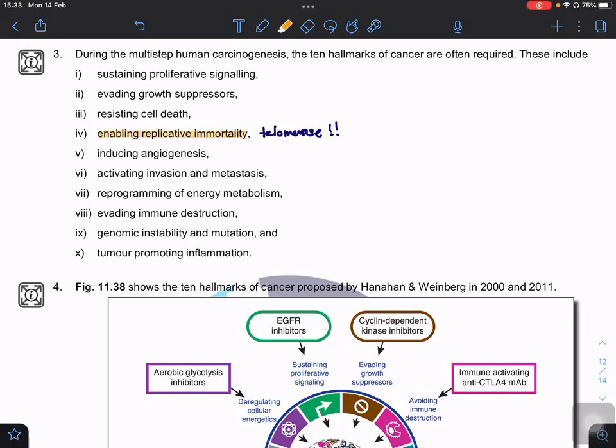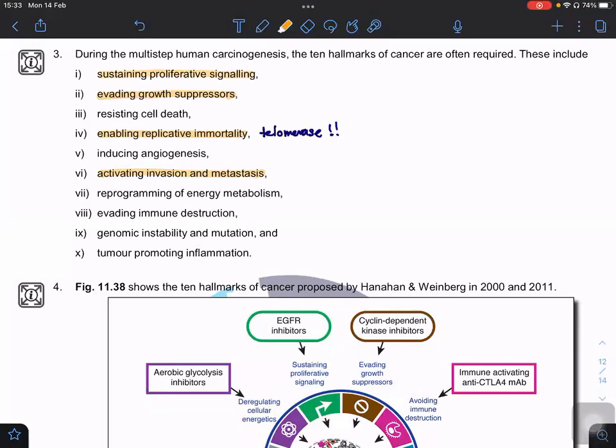Then you can see that they have the ability of activating invasion and metastasis. It means they are going to disrupt the normal functions of other cells. Then they can evade the growth suppressors. We want them to die, but they won't be able to die, and they sustain their own proliferative signaling. In this case, they are actually prone to carry out mitosis.